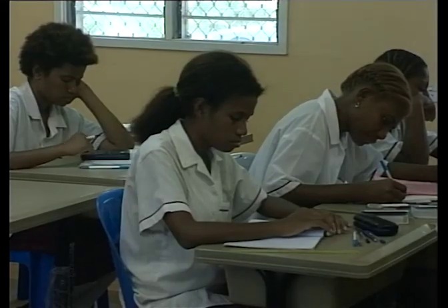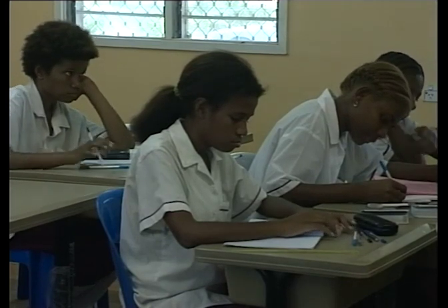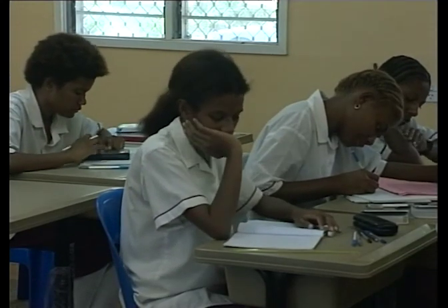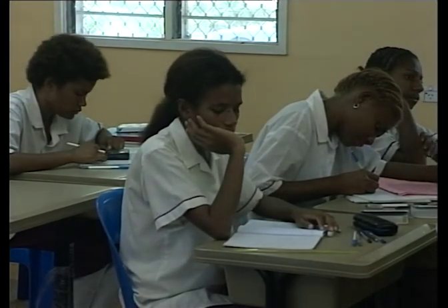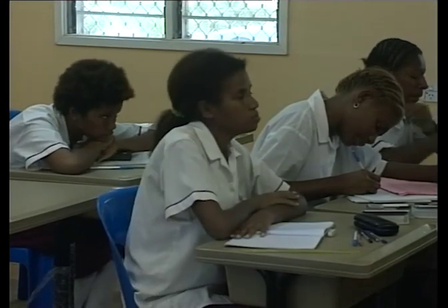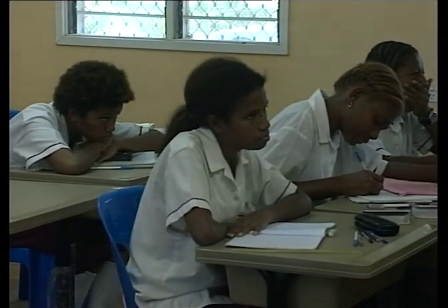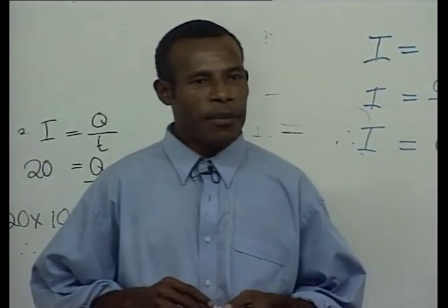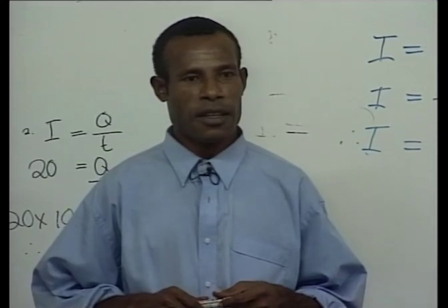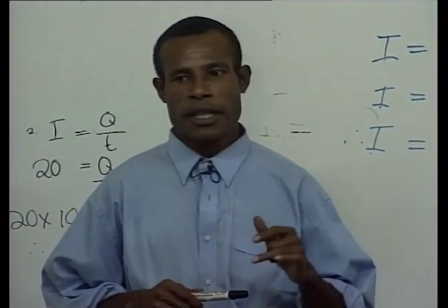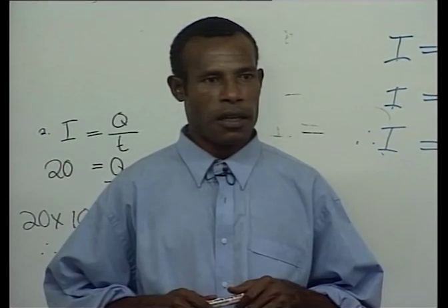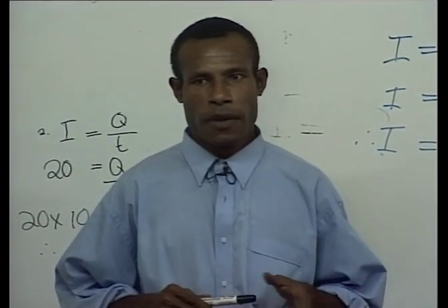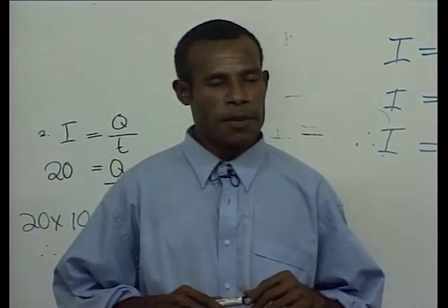Now, in our next lesson, we'll be looking at charge and also the voltage. Let me give you an example. If a charge has to pass through, it must have some kind of energy to do that. And especially when it is flowing in a bulb or globe, or even a resistor, some of these must become hot.